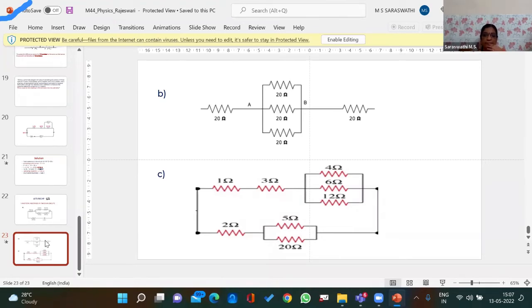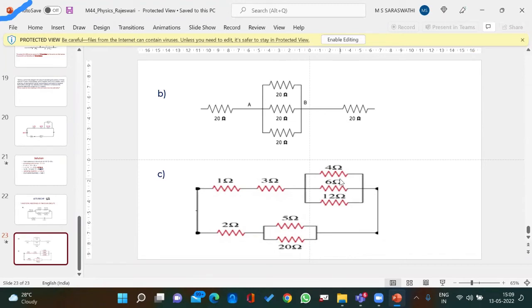Can you do the third one? 1 by 4 plus 1 by 6 plus 1 by 12. So what is the answer? 2 ohms, ma'am. 2 ohms. Now what is it for 5 and 20 in parallel? 4, ma'am. 4 ohm.